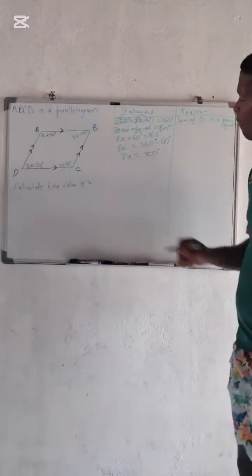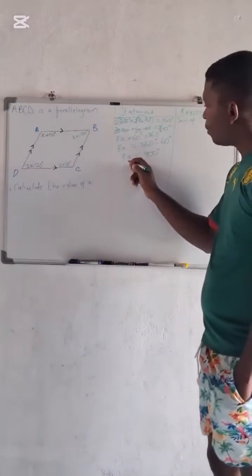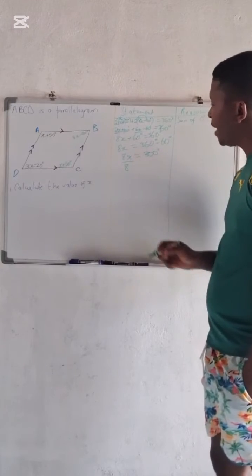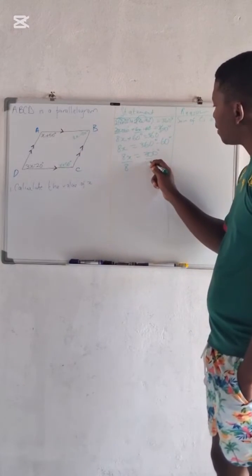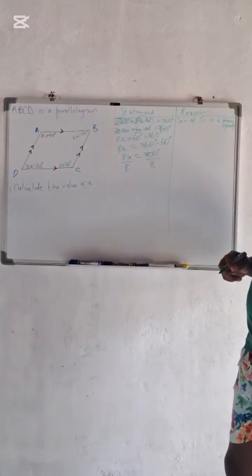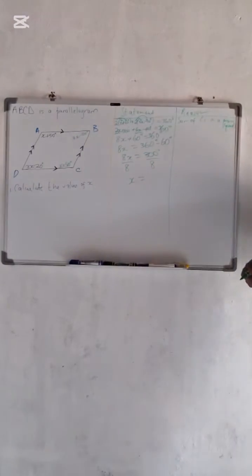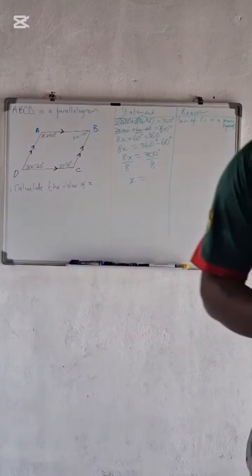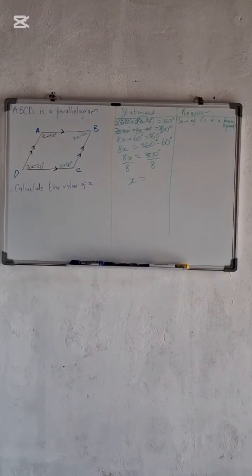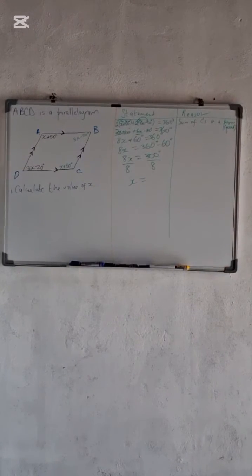So now I'm looking for x, not 8x. So I need to divide by this coefficient. Whatever I do to the left must be done to the right so that the equation balances. Now x is equal to, I don't know what is 300 divided by 8. And I'm not gonna have to calculate that. I'm gonna pause this video.